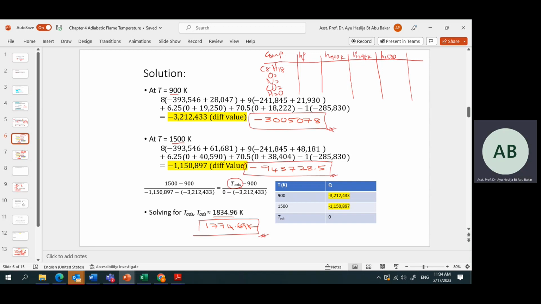Now using the thermodynamic properties table, find out all these infos first. Heat of formation for each component, enthalpy at 900, 298, and 1500.